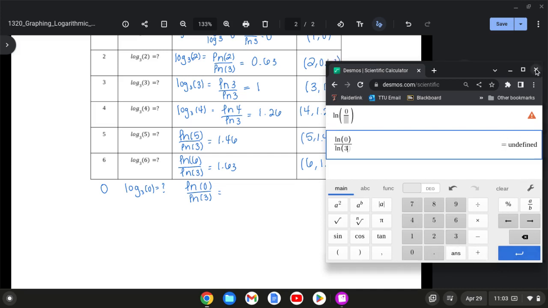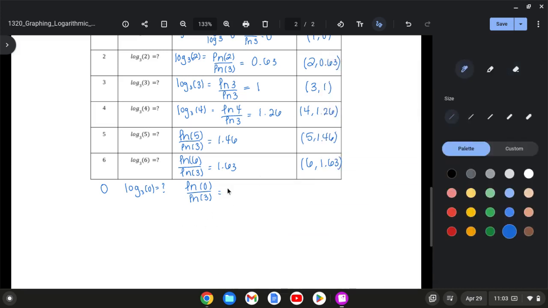And so in this case, we know that it's undefined for the same logic that I had used previously. So if we're looking specifically at the natural log of 0, if we put that into our exponent form, we would have the base of a natural log is e, to what power gets us 0.